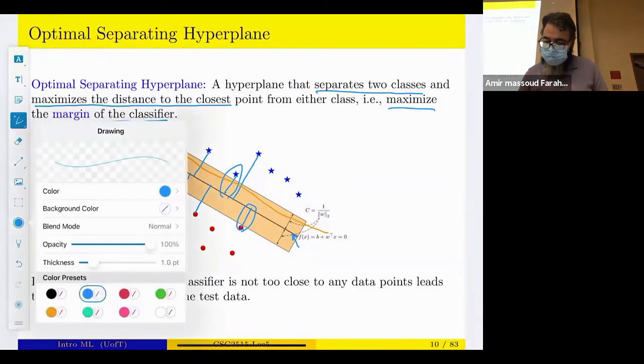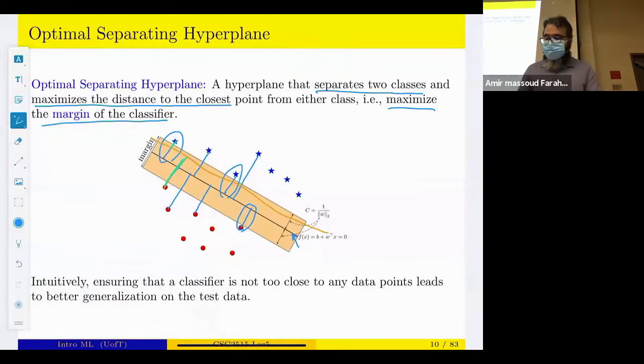The reason that this is a useful thing is it usually leads to classifiers that generalize better on test data.